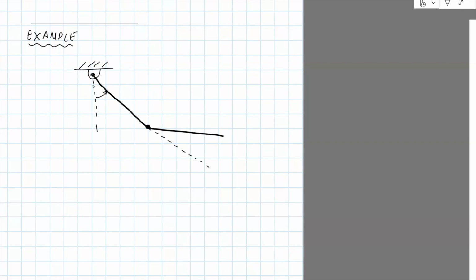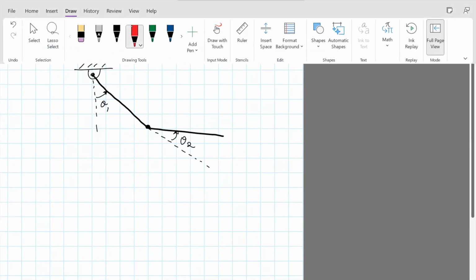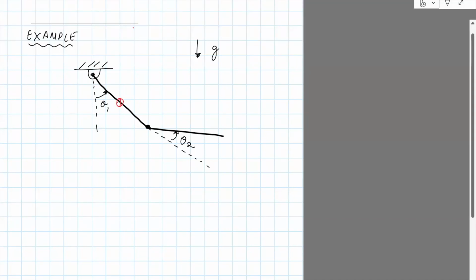So this is theta 1. This angle here is theta 2. And there is clearly gravity. Now, under gravity, this system with, let's say, one center of mass here and another one here, just cannot stay in equilibrium in that configuration, because gravity will pull it down and make those links straight.